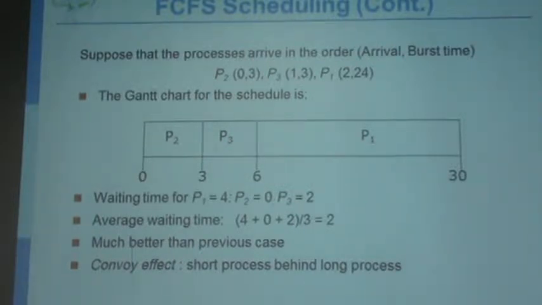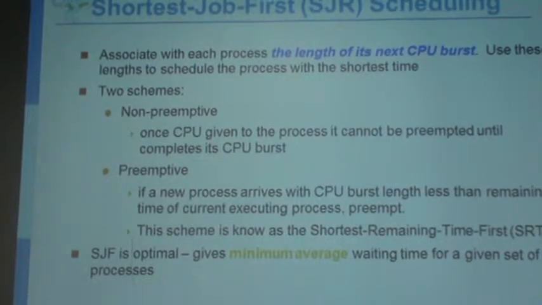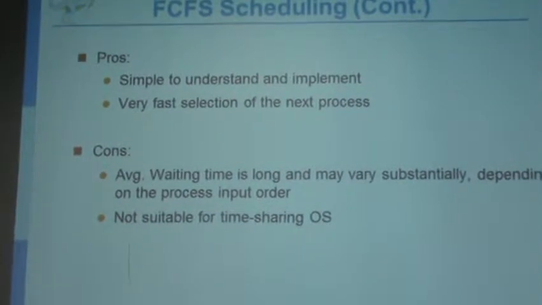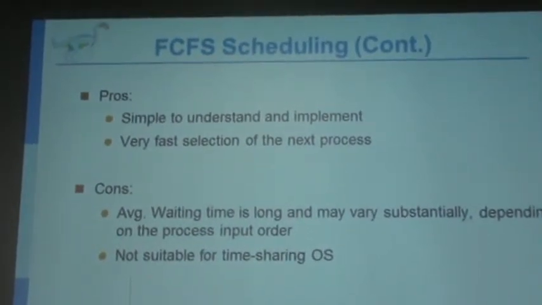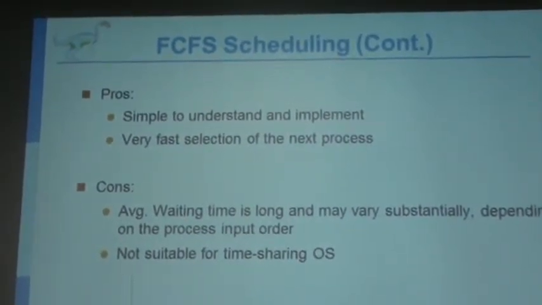Okay, how can we address such a problem? We select the short process first. That is the reason the next one is shortest job first. It's simple and very fast, because you just consider the burst time.